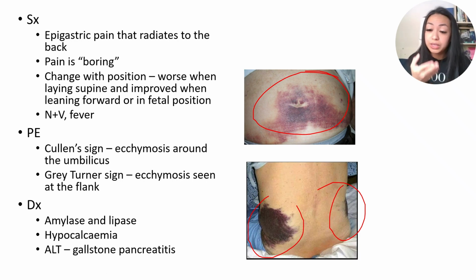Then when we measure amylase and lipase, amylase would have already returned back to its normal limits, whereas lipase is going to stay elevated. So that's the only reason why lipase is a better test than serum amylase. But it doesn't mean it's more specific. It just means there's more chance of us identifying acute pancreatitis, even if it's been a week since the onset of acute pancreatitis.